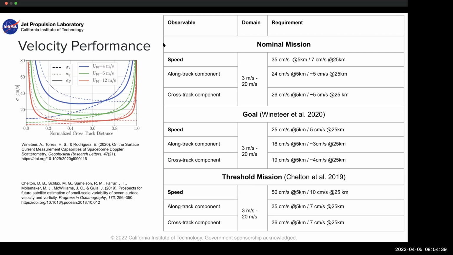It just reflects the science requirement rather than the performance. But that's good, because if you can show that you're under the science requirement over your entire footprint, you're much likely to be better as the wind speed increases. But again, it's a conservative simulator.